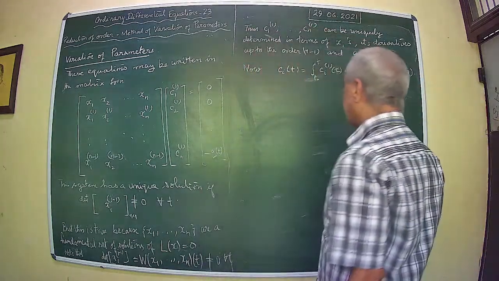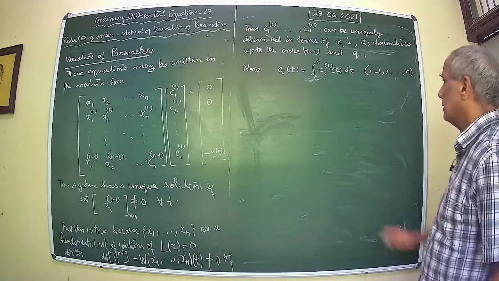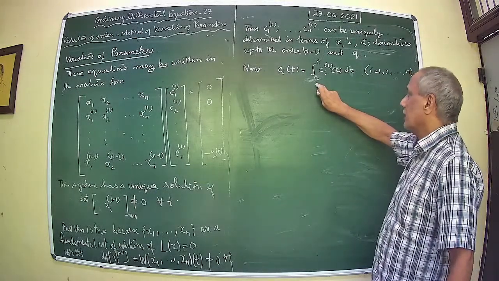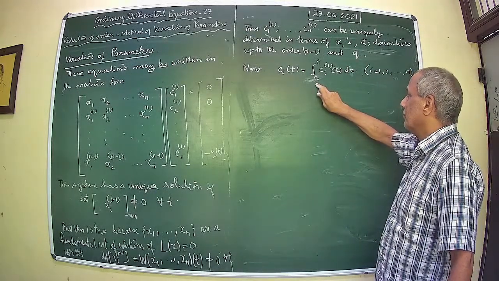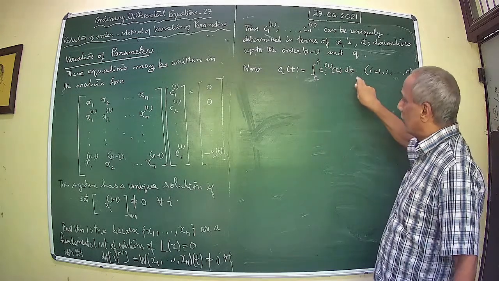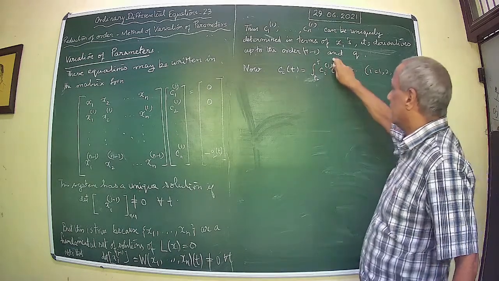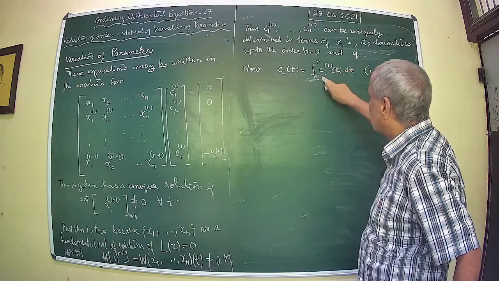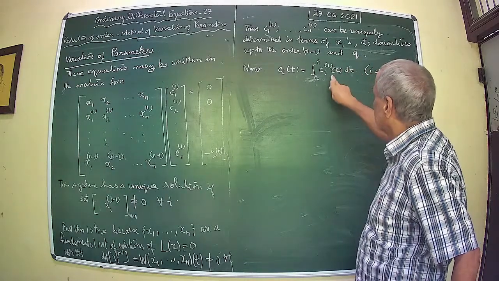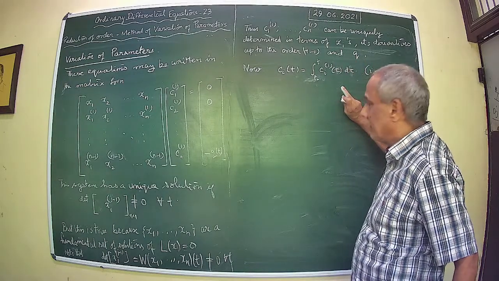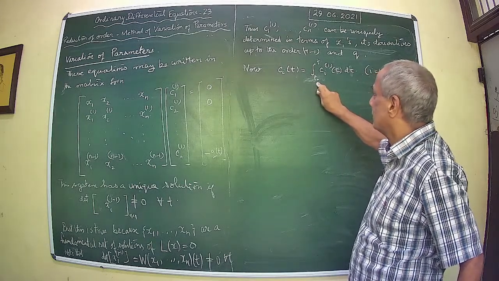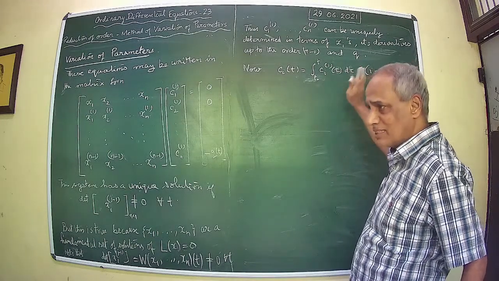Now I want to make a remark. The remark is this. See, when you integrate this, you get an arbitrary constant. Here it will come up as Ci(t) plus Ci(t naught), and depending on what t naught is, that constant will differ.